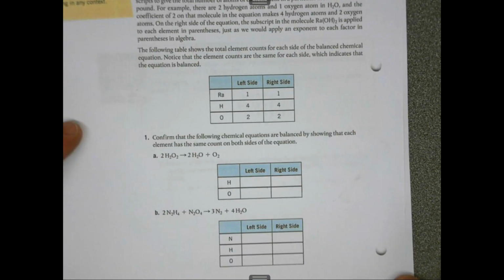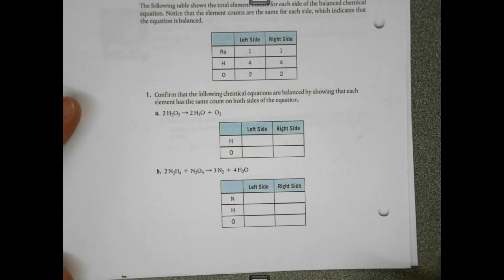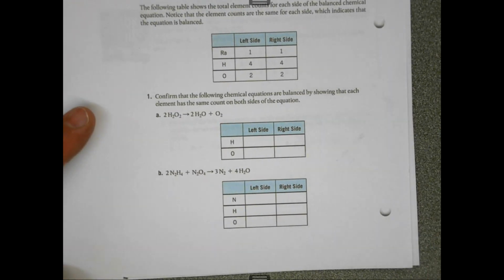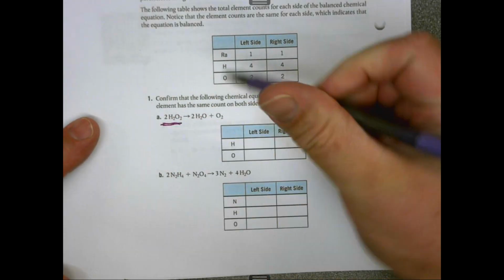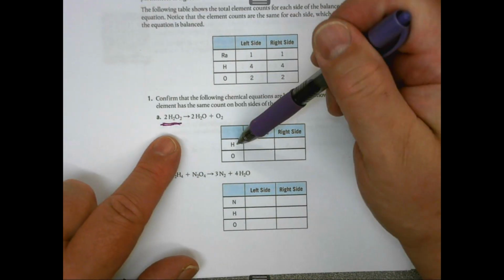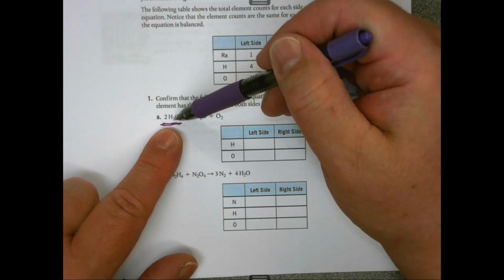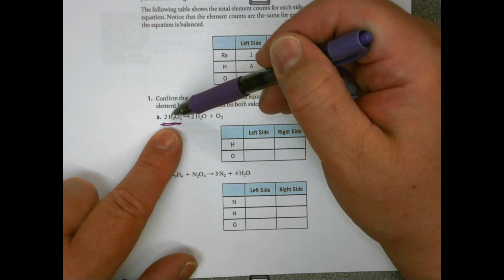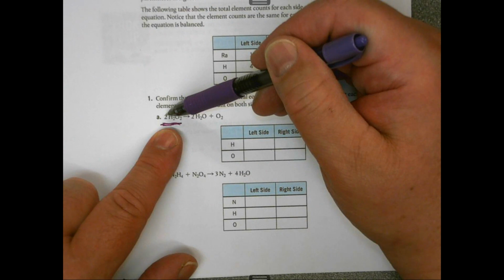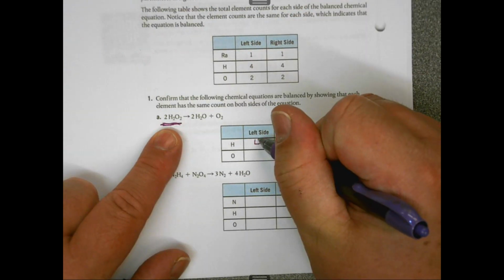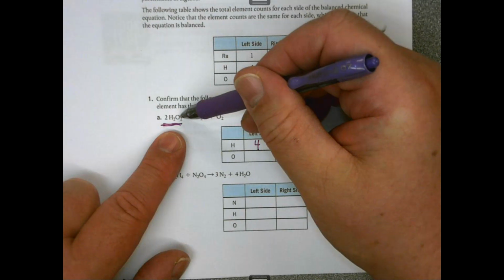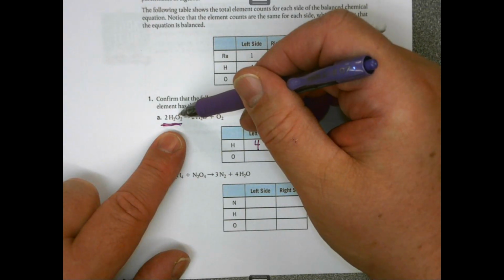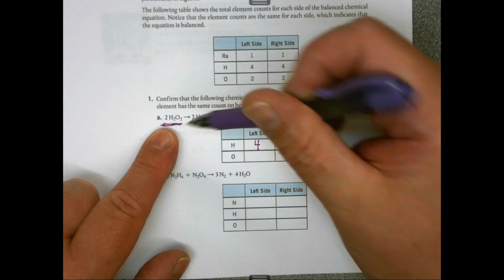Well, let's take a look at the left-hand side. Hydrogen. Well, I've got two atoms of hydrogen, and it's also being multiplied by two, so I get four on the left-hand side. Same with the oxygen. I have two elements of the oxygen, and it's being multiplied by two, so I have four on the left-hand side. Right-hand side.